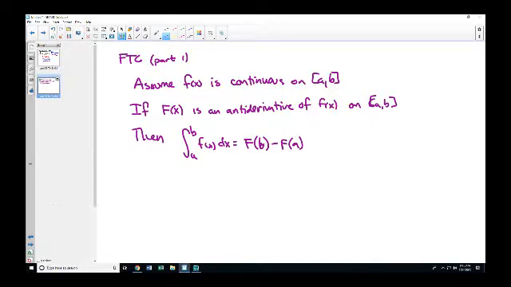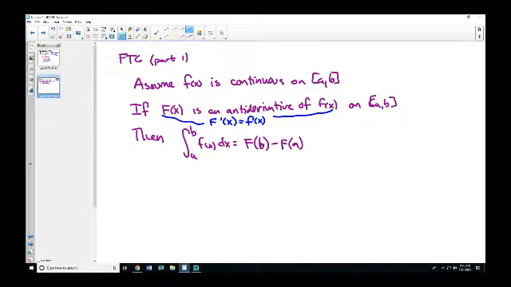Again, we can state this like this if we need to. So there's the fundamental theorem of calculus.